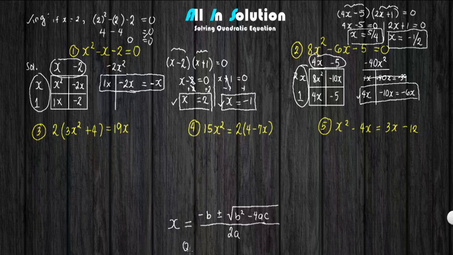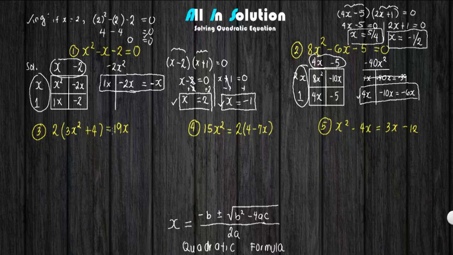Okay, where A, B, C are any real numbers, pero si A ay hindi dapat equal kay 0. So, yan ang quadratic formula na gagamitin natin dito sa remaining equation.